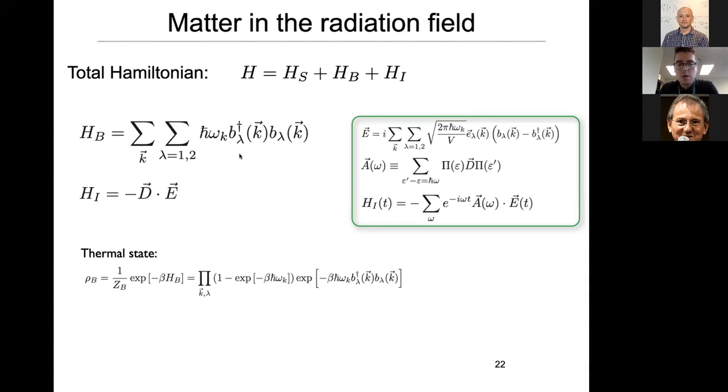I should also mention that these omega_k's define the dispersion relation of our field. It relates the frequency of each mode of the field to the wave vector, and in the general case we assume a linear dispersion relation, such that omega_k is proportional to the modulus of k.